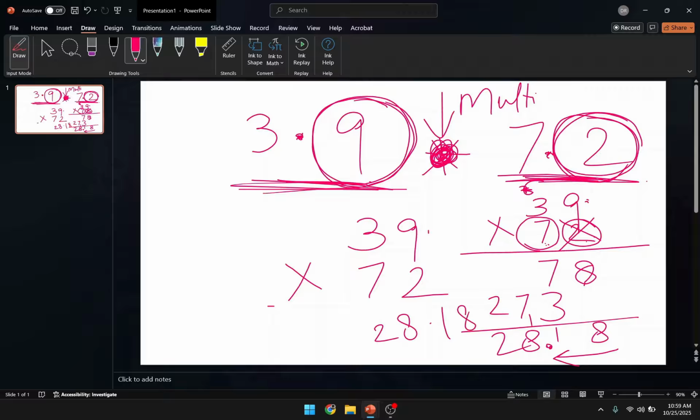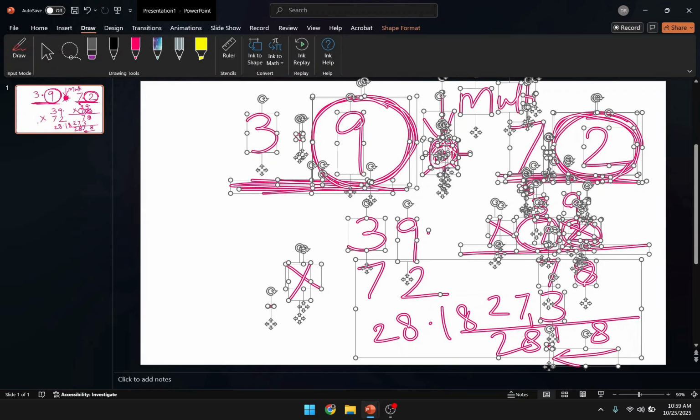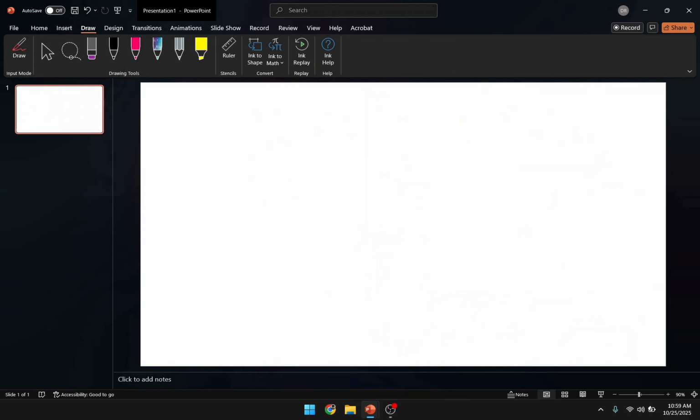Okay, let's do one more. If you are asked to multiply these two, I don't write 7.35, I write 735, ignore the decimal, times 3.